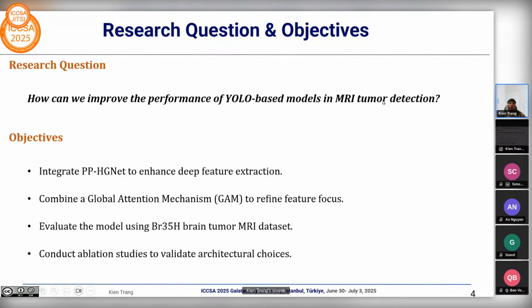We hypothesize improved accuracy and robustness. Our objectives include testing on a benchmark dataset and component-level validation through ablation studies.